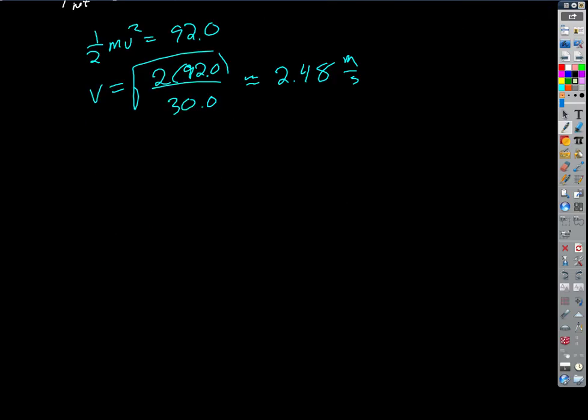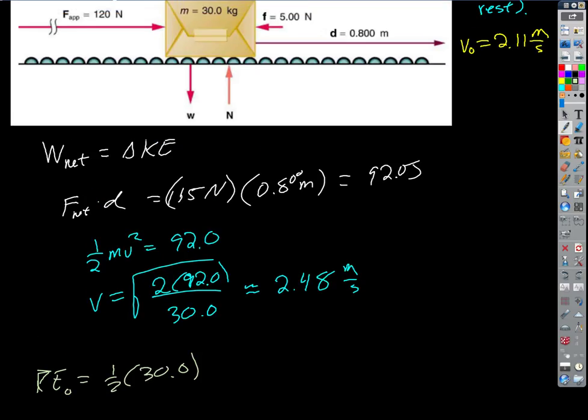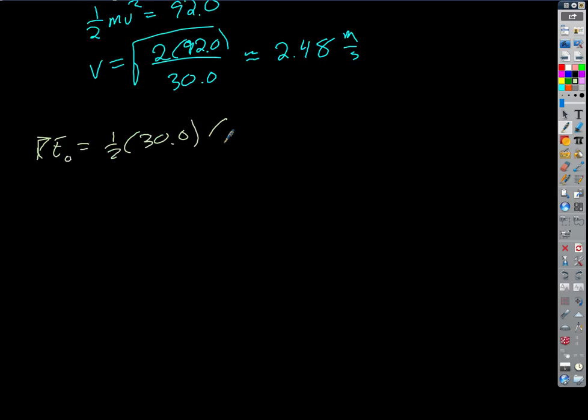So the initial kinetic energy would have been 1/2 times 30.0 times, let's make this a better number so it's not so hard, let's just say 2.0 squared.